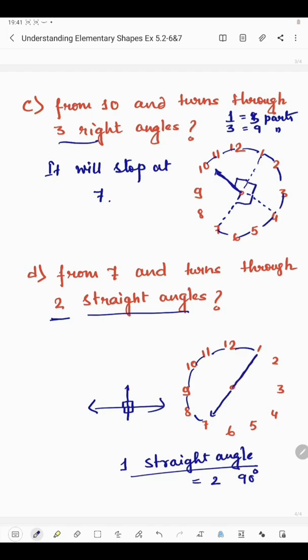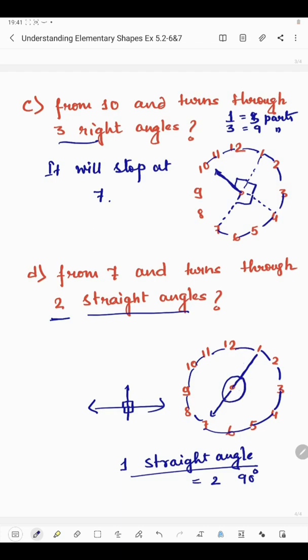See, it's a straight line. It makes one straight angle. Okay. Now here we have 2 straight angles. So again we have to make 180 degrees. So 1, 2, 3. 1, 2, 3. Means after every 6 parts it makes 180 degrees.